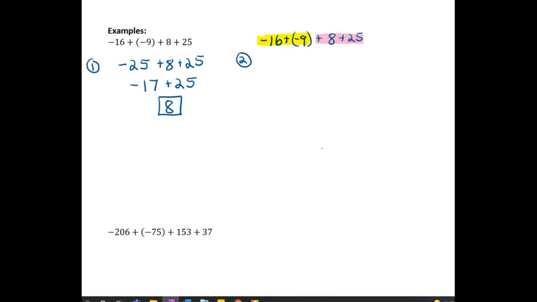So if I add negative 16 and negative 9, I get negative 25. If I add 8 and 25, I get 33. Now I can use my rule that says when I have opposite signs, I take the difference and keep the sign of the bigger absolute value. Either way, you're going to end with the same answer.